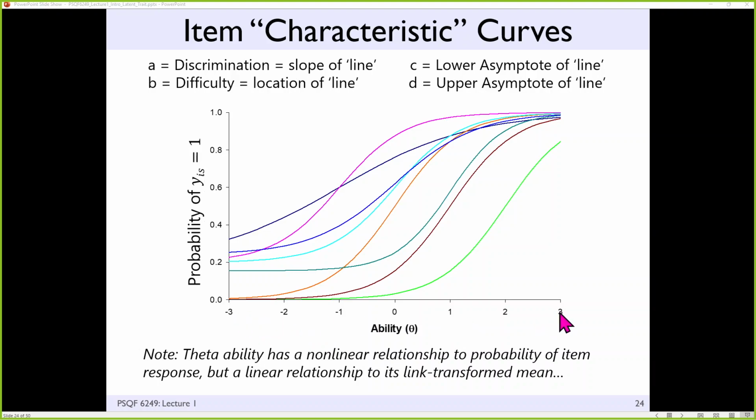Oh, so it ascends in difficulty. And the blue line crosses the 50-50 mark at a theta of about -1, whereas the green line doesn't cross it until a theta of about 2. So the green one is much more difficult, or severe, like you can think of these in that continuum too.